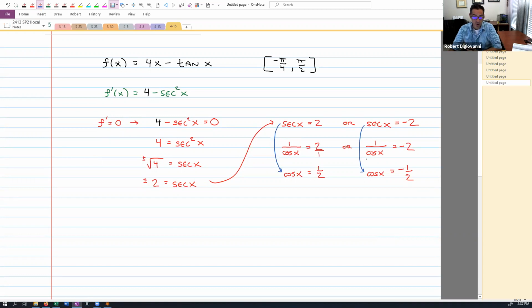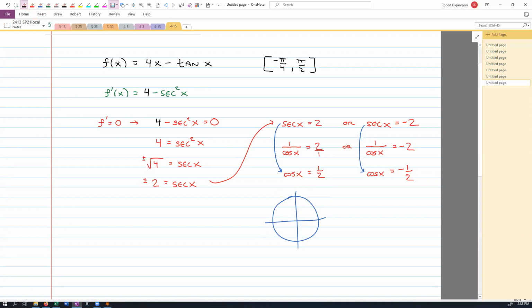Now, this is where you really need to know pre-cal. Cosine x equals a half means at what angle on the unit circle is your x coordinate 1/2? Can somebody tell me? 2 pi over 3. Isn't it?